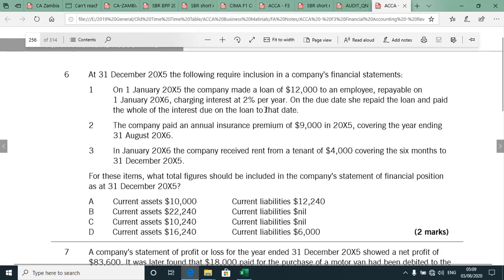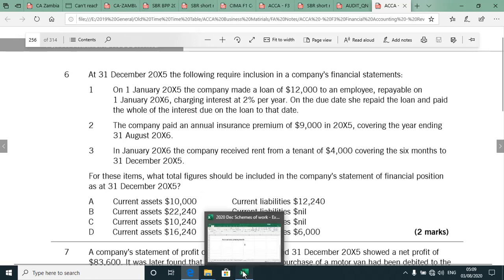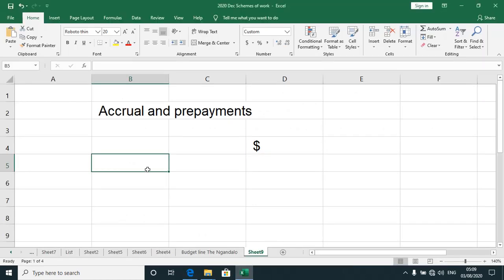So on the last day, 31st December X5, this loan was still outstanding, and of course to the company this is to be treated as a loan advance to an employee receivable.